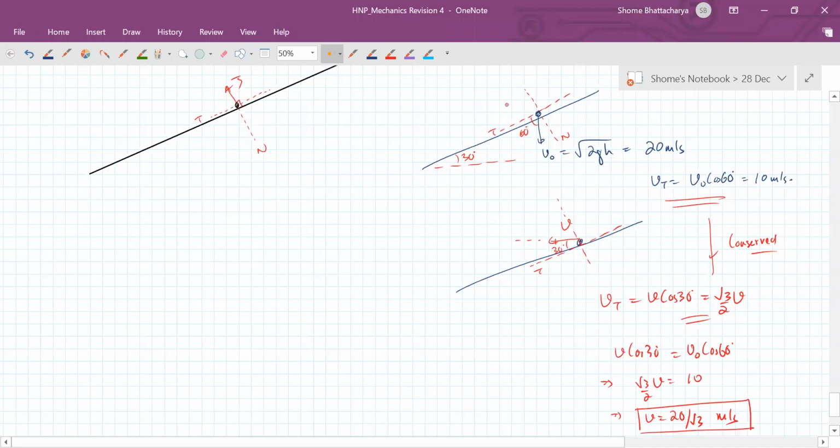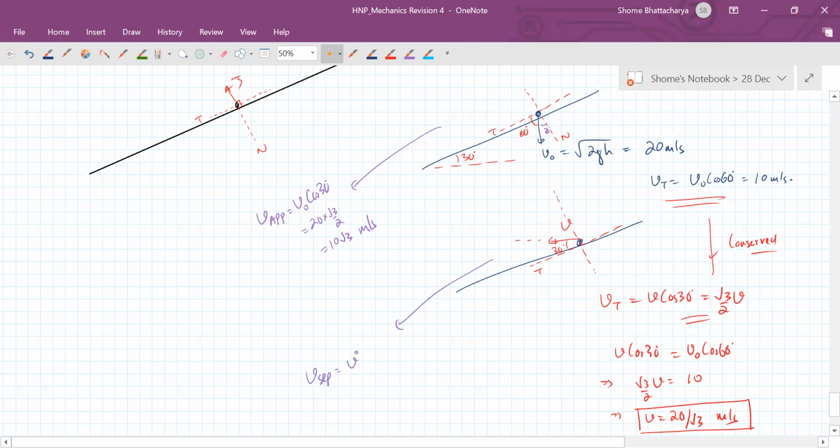Okay. Now once we know this V, we will calculate also the separation velocity and the approach velocity. Separately from this, you can see that the approach velocity is V0 cos 30, because this angle is 30. So it is 10 root 3 meters per second. And from this you can see that the separation velocity is along this normal direction.